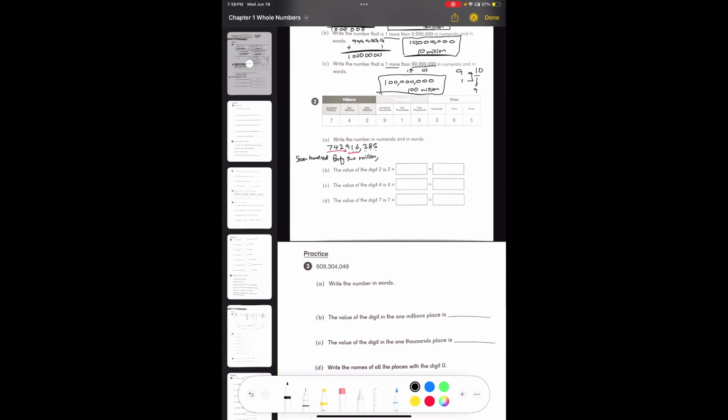So we're going to add 916 thousand. Leave a comma and then do the ones place, so it becomes 385.